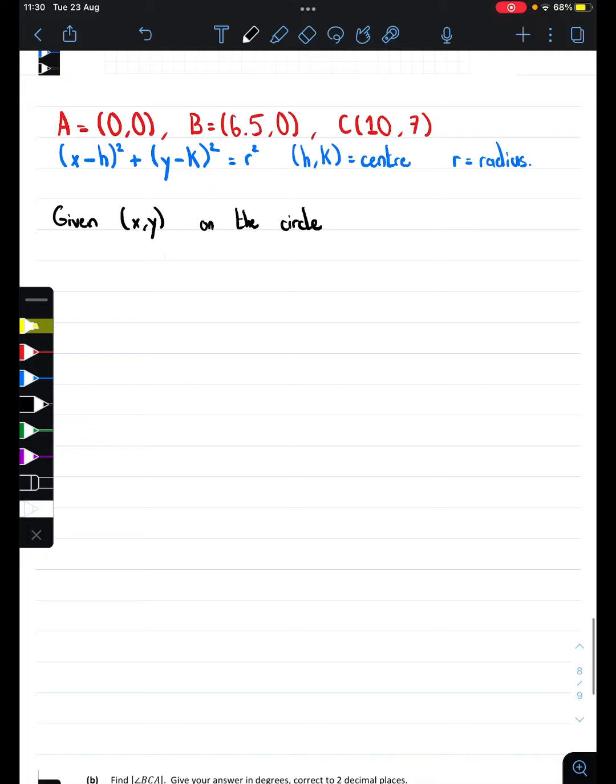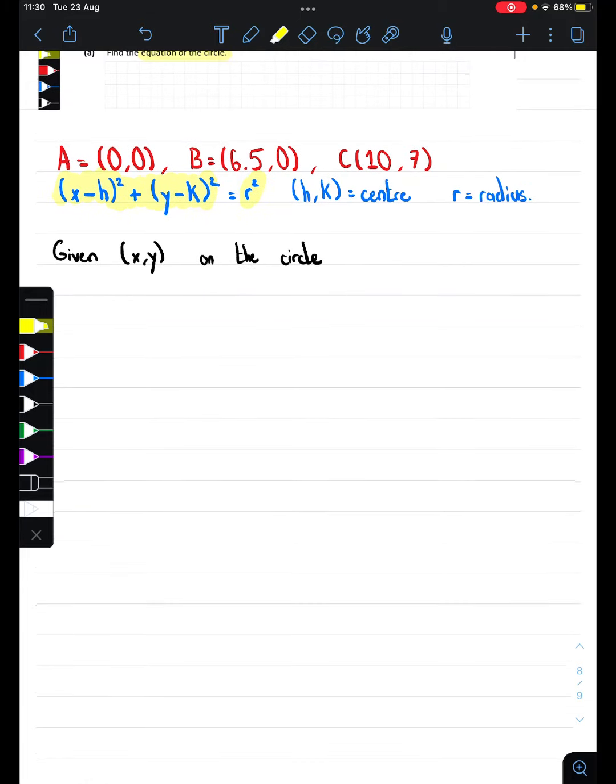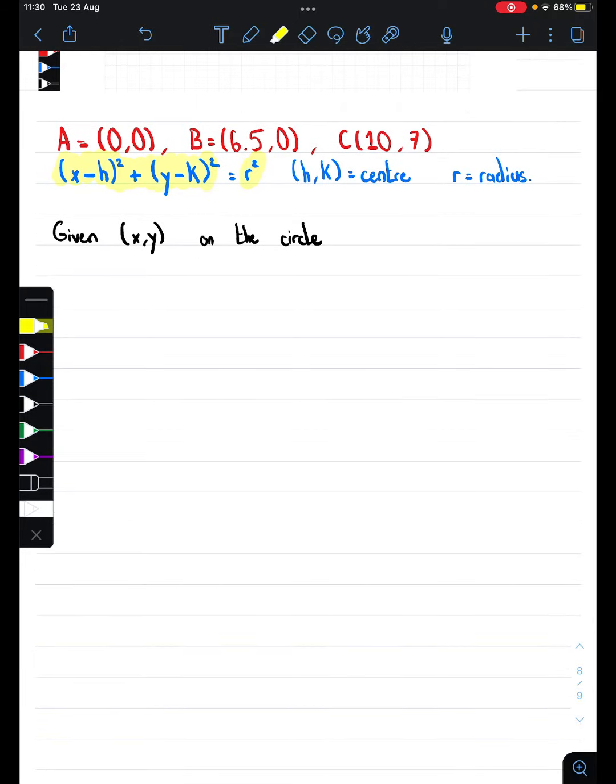if we put those values of x and y into this equation of the circle, then we should get the radius. Because let's say we took the square root of both sides, the square root of (x minus h) squared plus (y minus k) squared.